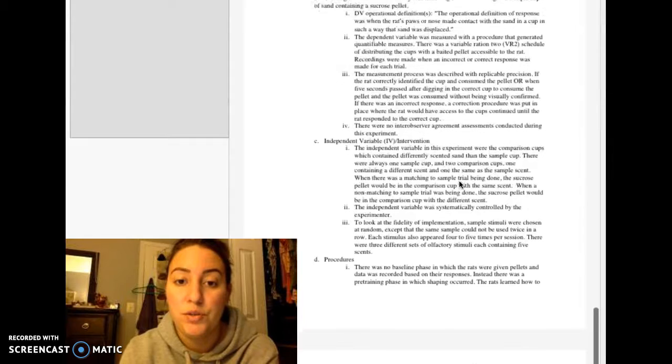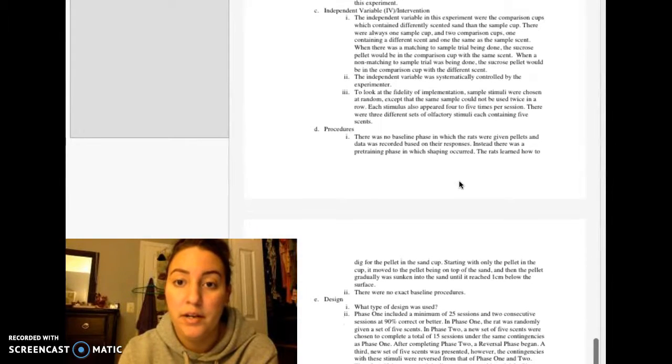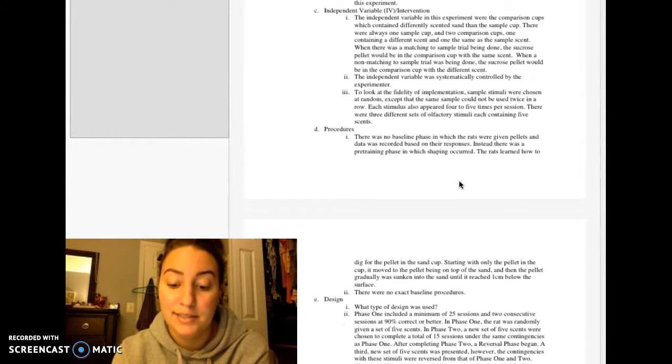So if they were to match, they would match to the comparison cup with the same smell, and if they were to non-match, they would choose the cup with the distractor smell. So the independent variable was systematically controlled by the experimenter.